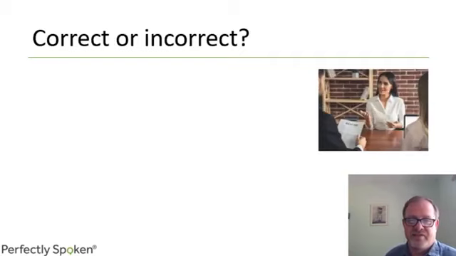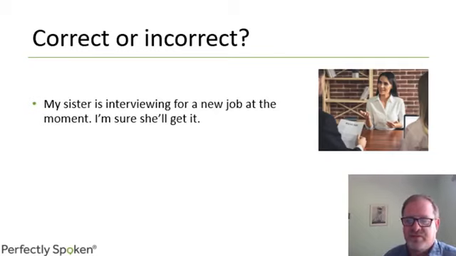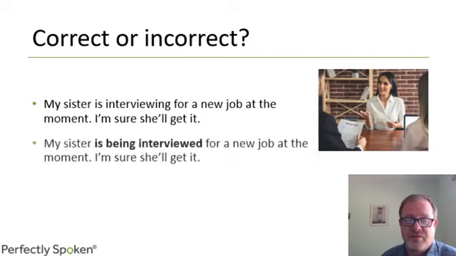Correct or incorrect? I have an interview scene here. My sister is interviewing for a new job at the moment. I'm sure she'll get it. My sister's interviewing. Well, here it's other people who are interviewing her. So I would use a passive.